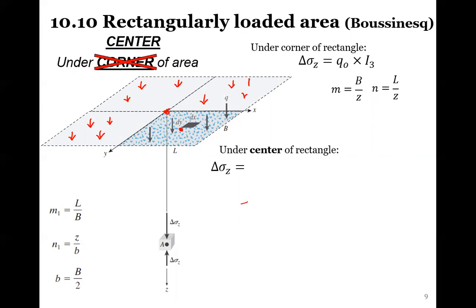So this requires looking at our footing and shortening the sizes, dividing the length and the width by 2, so we can analyze it for just one quadrant of our footing.